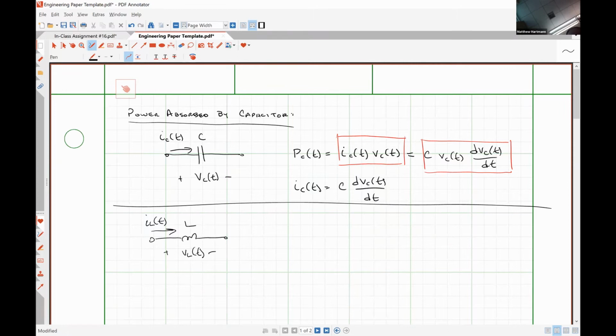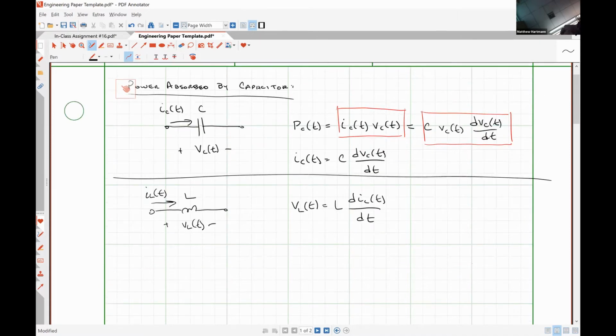From Faraday's law of induction, we know that VL of T is equal to L di by dt. So that's our first relationship.